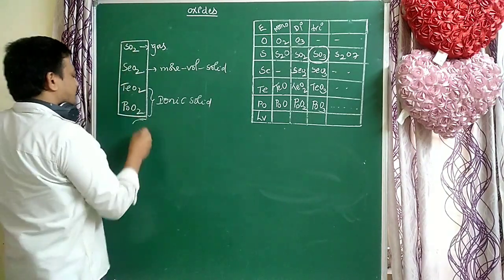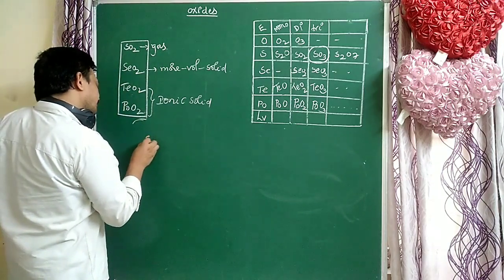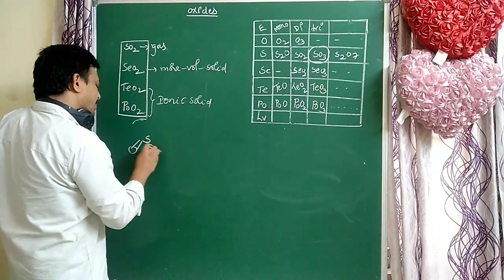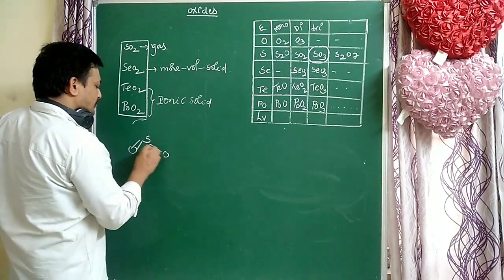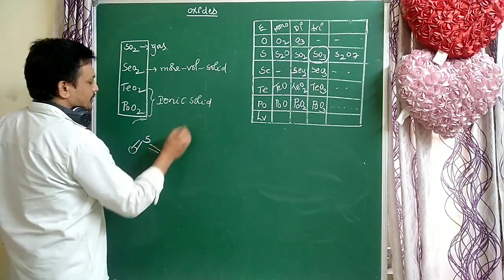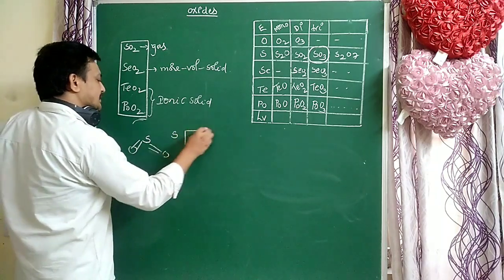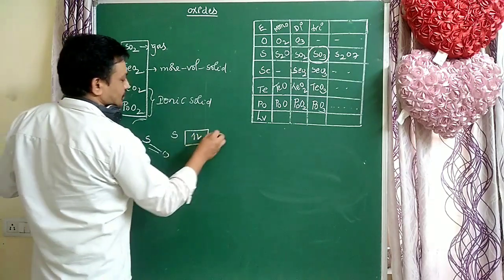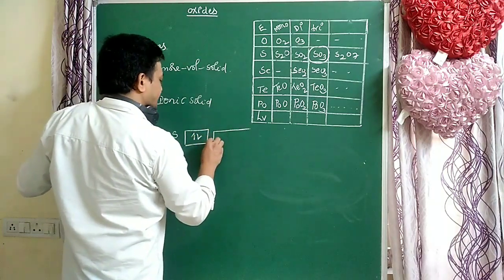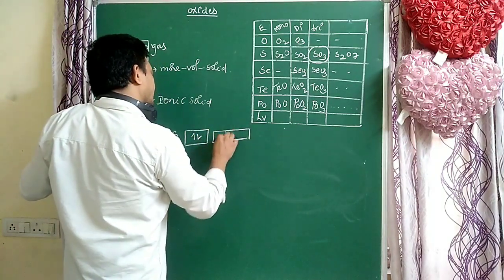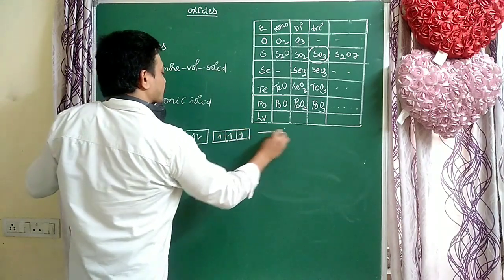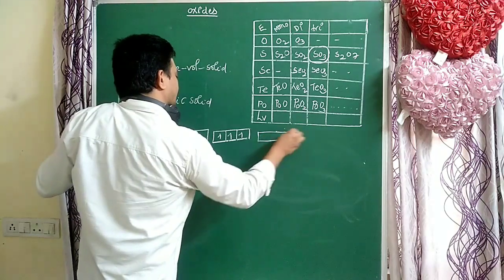So the structure of SO2: S double bond O, S double bond O. The sulfur atom is in the first excited state. One lone pair is there, 4 unpaired electrons are involved in bond formation to form 4 bonds: 2 are sigma bonds, 2 are pi bonds.